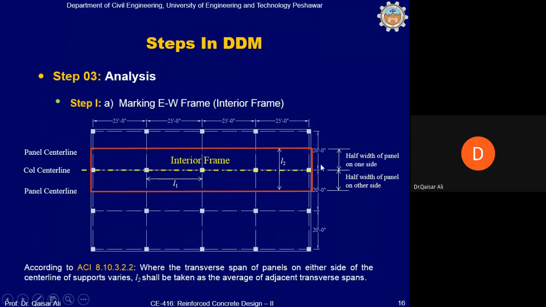However, if the panels are not of the same size, then the average of the two will be taken as L2. 20 feet and 24 feet, so the average is 20 plus 24 divided by 2. This will give us L2, the width of the frame.